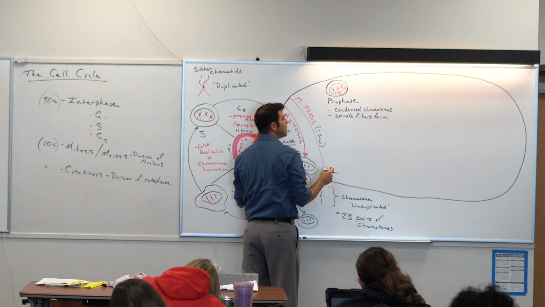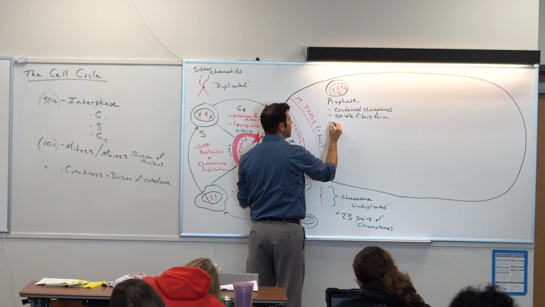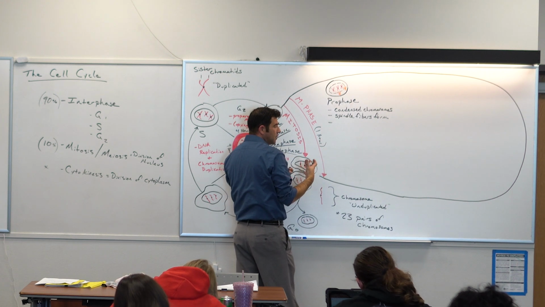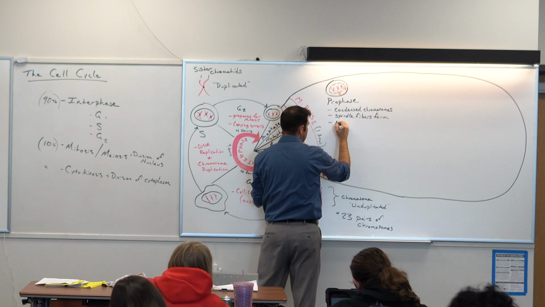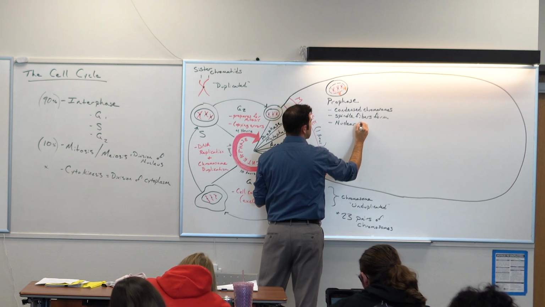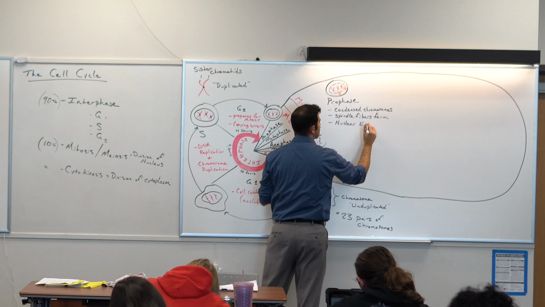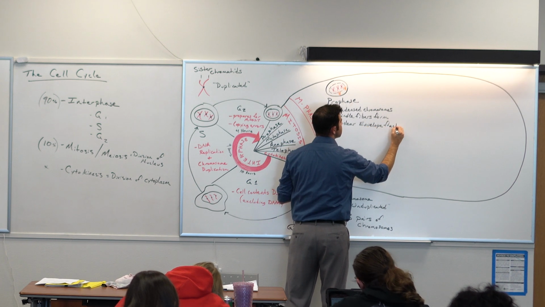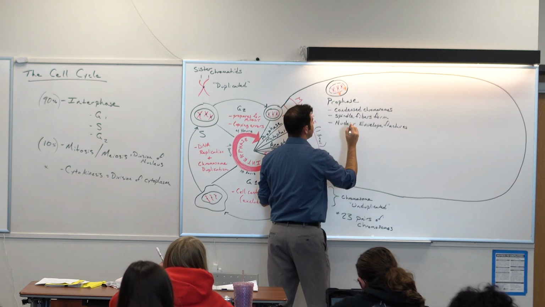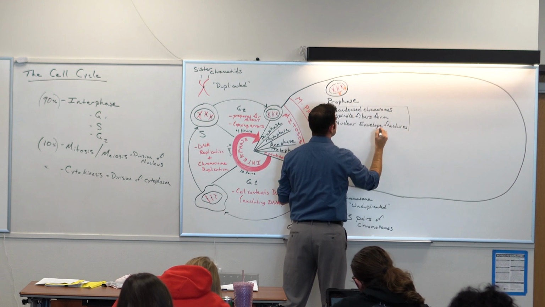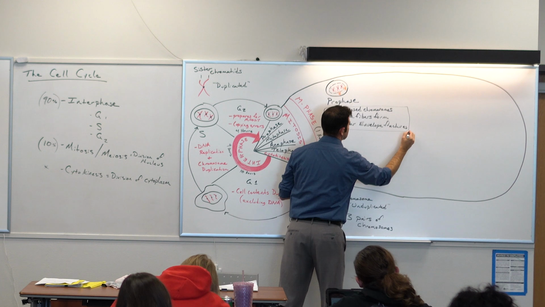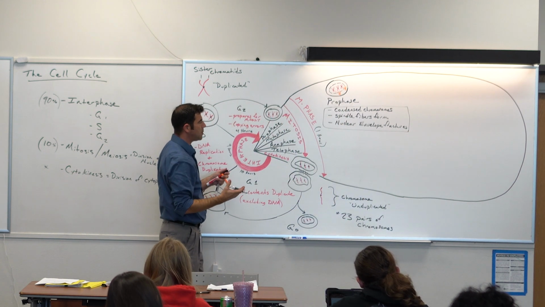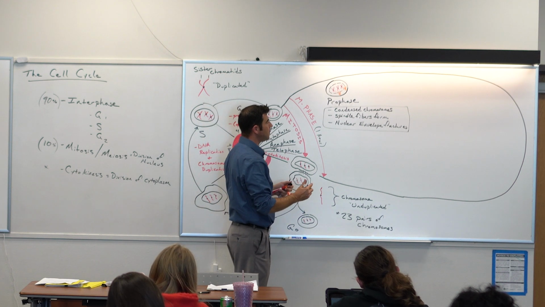So we've got chromosomes have condensed, spindle fibers are forming, and then the last thing that we're seeing is that the nuclear envelope is fracturing. Okay, there's a good prophase. We've got condensed chromosomes, spindle fibers are forming, nuclear envelope is starting to fall apart.